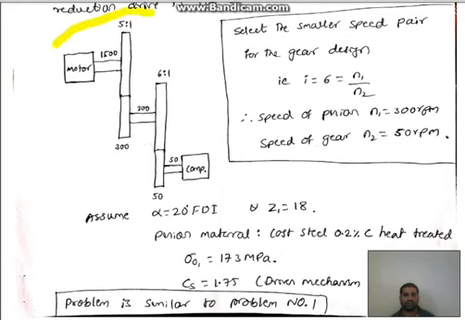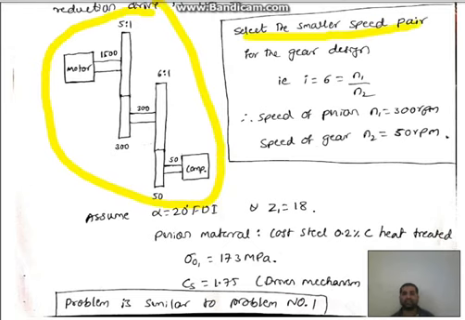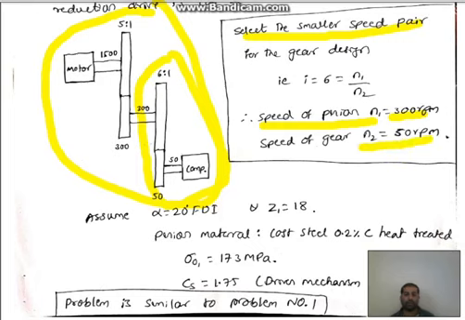This is the two-stage reduction drive. Select the smaller speed pair for the gear design. This is the smaller speed pair. For that, speed of the pinion is N1 equal to 300, N2 equal to 50 rpm. Velocity ratio is 6.